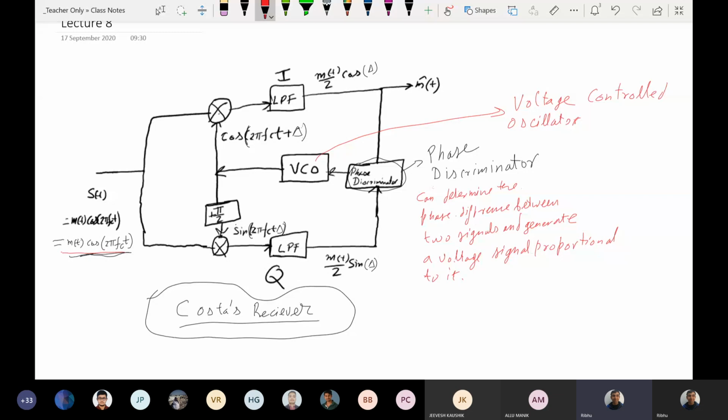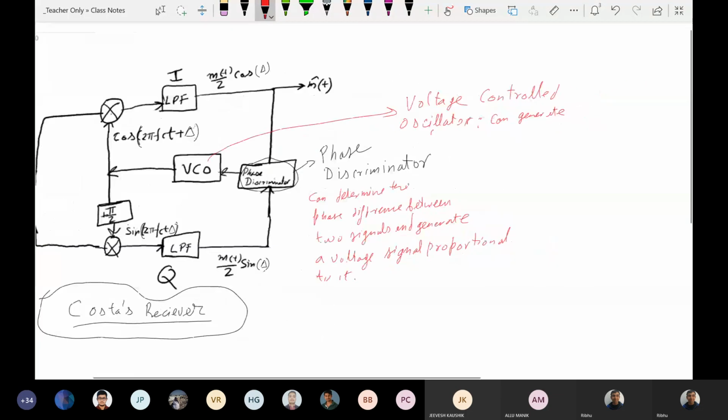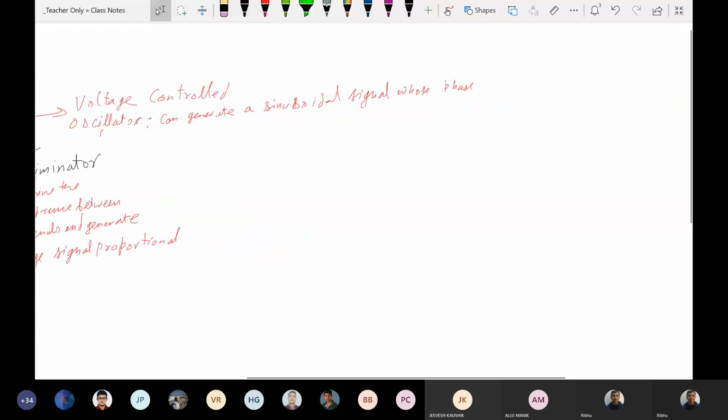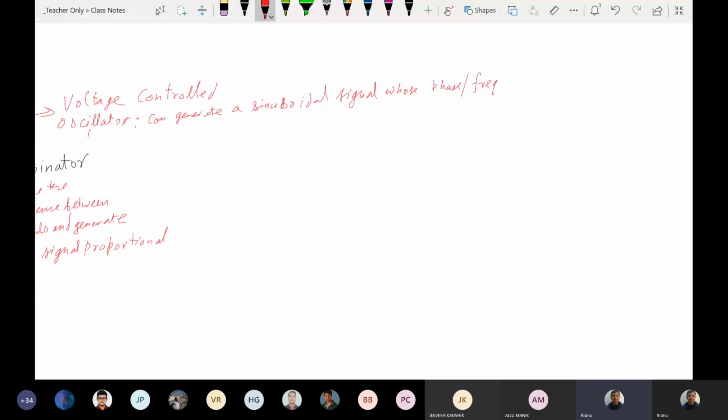A phase discriminator can do this, and a voltage controlled oscillator can generate a signal whose phase slash frequency is controlled. We'll discuss how this is done in the next chapter.